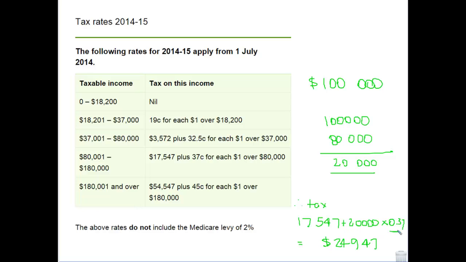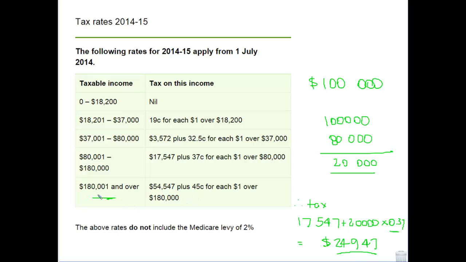So we put 0.37 times 20,000, add it to the $17,547, and the tax payable for someone earning $100,000 is $24,947. So people pay their fair share if they have nice jobs where they're earning these large amounts of money. They're doing very well, but they also have to start paying more tax.